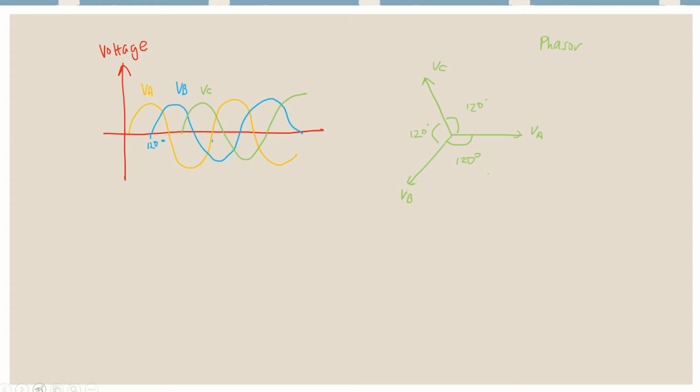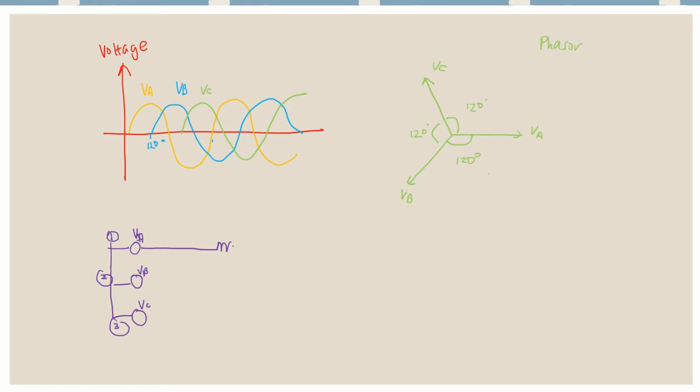So if I draw the circuit, the circuit of a three-phase will look like this. This is the supply, VA, VB, and VC, the ones that I drew here. So this is phase 1, this is phase 2, and this is phase 3.